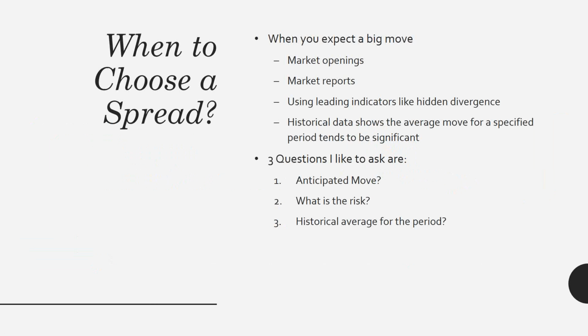Also, when historically the data shows you that the average move for a specified period tends to be significant. Now, three questions that I ask myself are, what is the anticipated move? What is the risk? And historically, how much does this instrument move for this time period? These are all important questions and information that you need in order to trade the spreads.